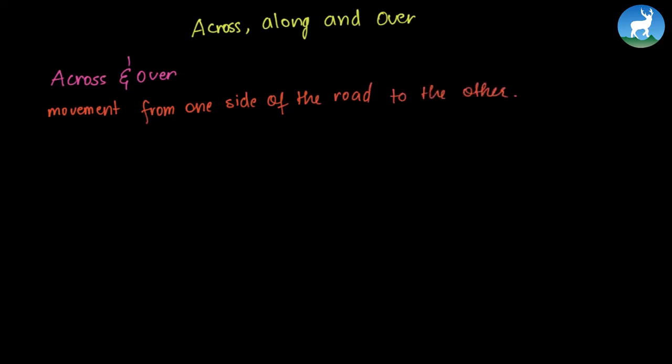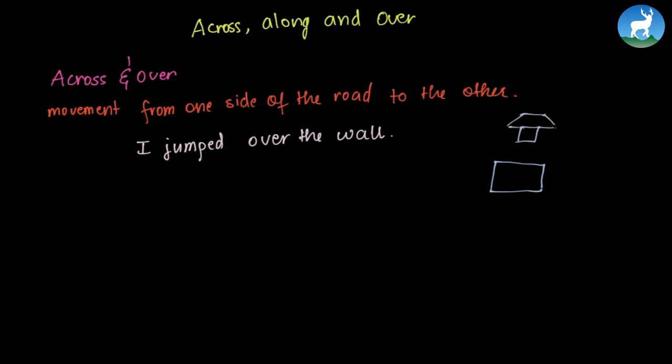For example, I jumped over the wall. Now suppose this is a wall and here is the house and I am standing here, and that means I jumped over the wall and went to the house. I jumped over the wall.